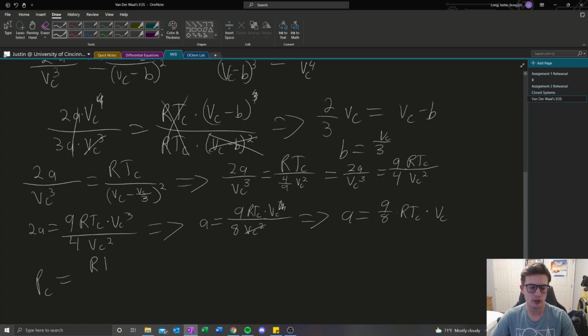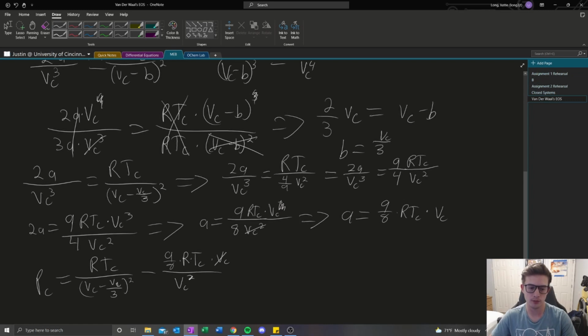So we've got R times TC over V minus B, and since we now know B, we got BC squared minus, and then our A value, 9/8 times the gas constant times critical temperature times the critical volume over critical volume squared.